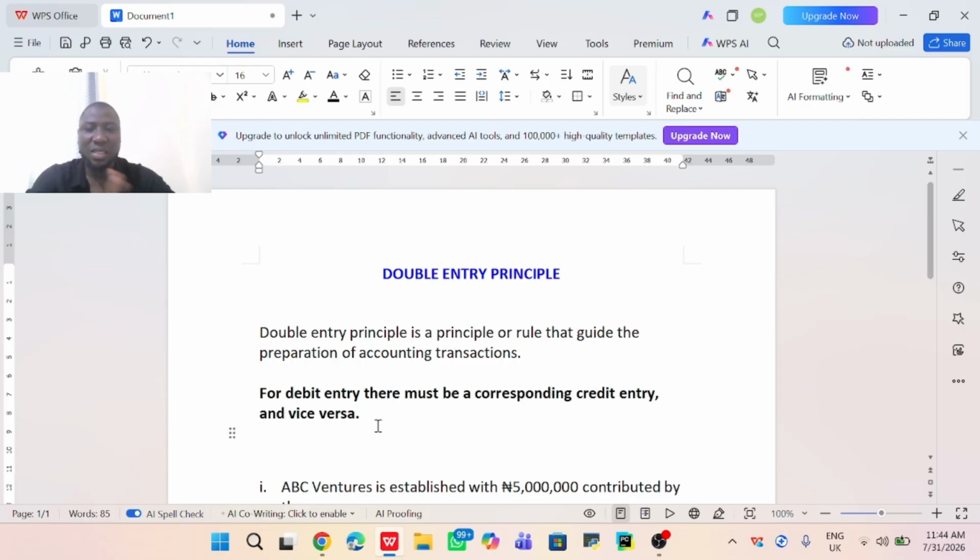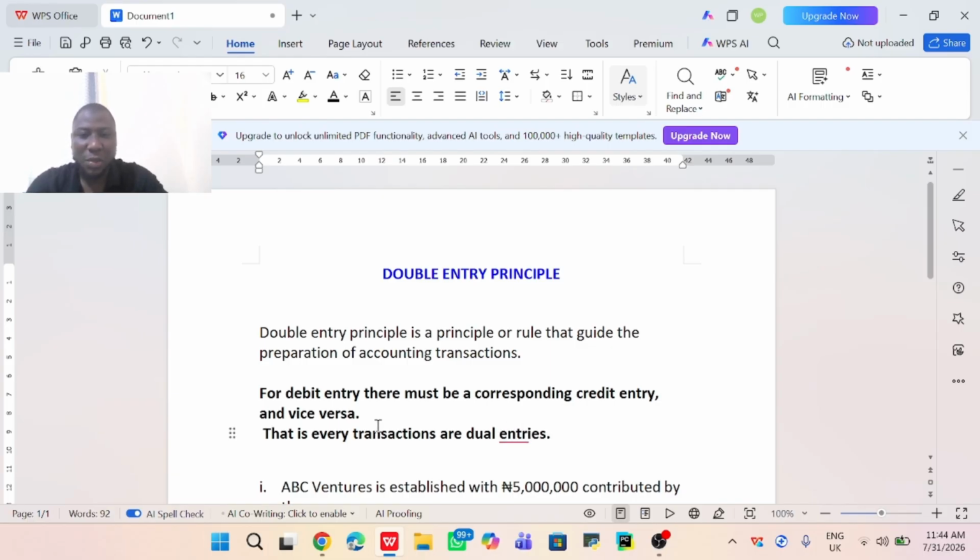What this is trying to tell us is that whenever you have a transaction, every transaction is a dual entry.